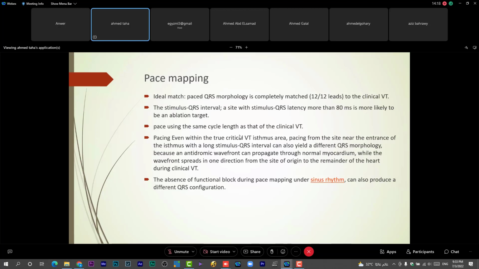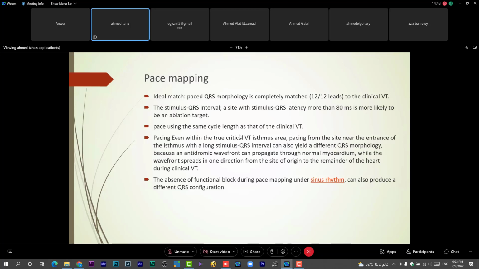First, how much power you are pacing with. If you use high power, you will capture a large area of myocardium, which can give you more of a 12 by 12 ideal match pattern, but actually you are capturing much myocardium to get this result. So it should be less power with localized pacing, to find the best point that you are pacing at.